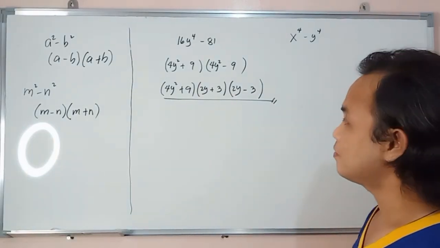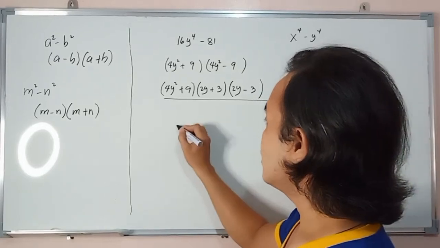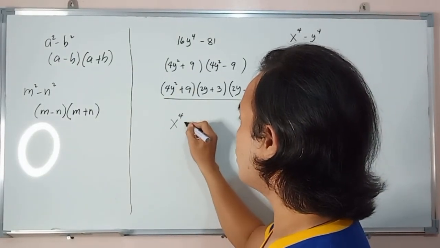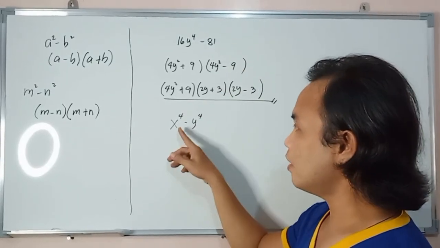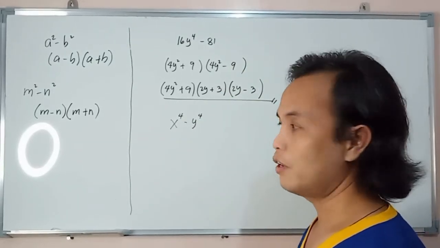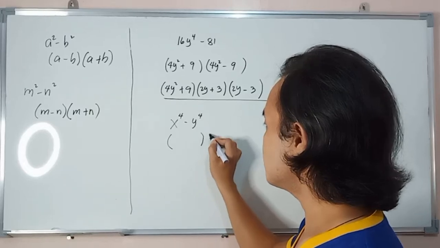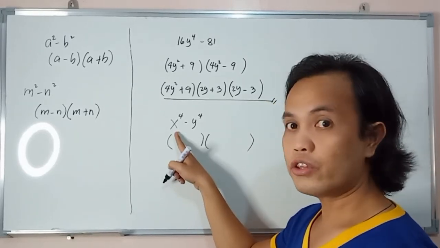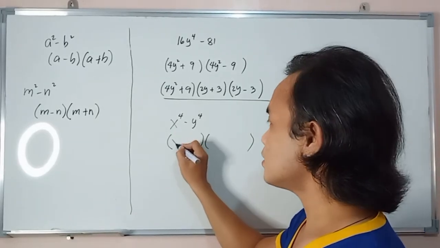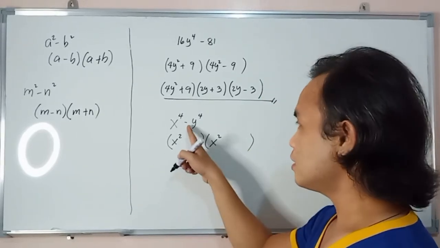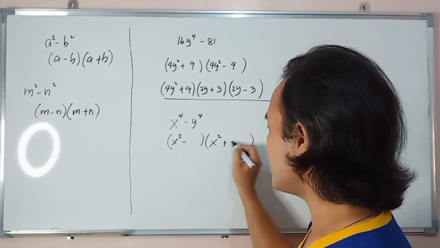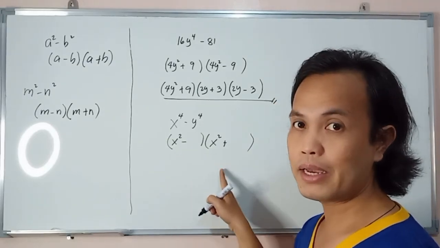Another example. So we write x raised to 4 minus y raised to 4. The same concept here. We have x raised to 4 minus y raised to 4. So we factor out the square root of x raised to 4 shall be x squared times x squared. Then that is minus, we write plus, or we can write plus and minus.